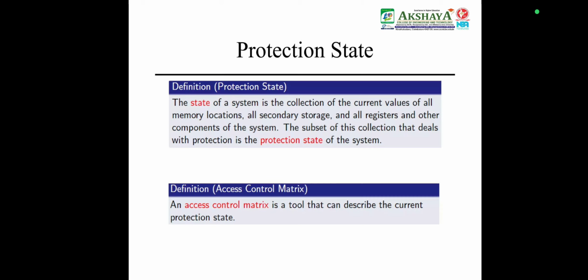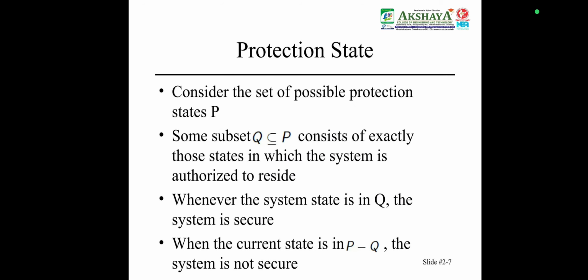Definition of access control matrix. An access control matrix is a tool for describing the current protection state. Protection state is considered as a set of possible protection states, like P. Some subset Q belonging to P consists of exactly those states in which the system is authorized to reside.